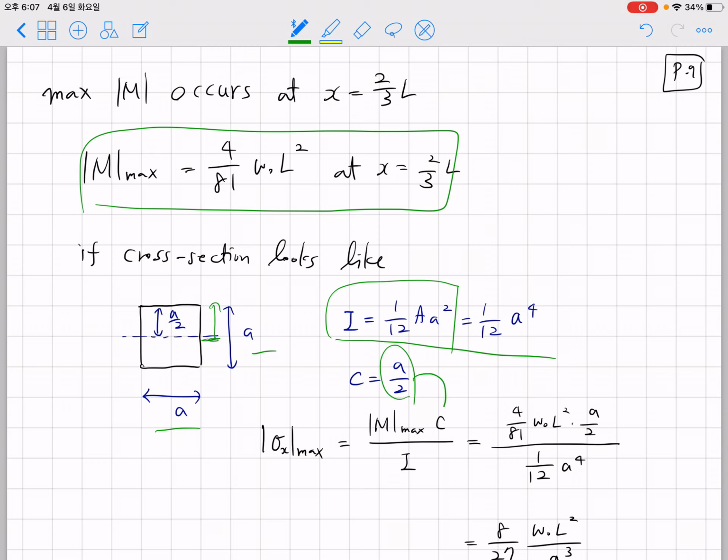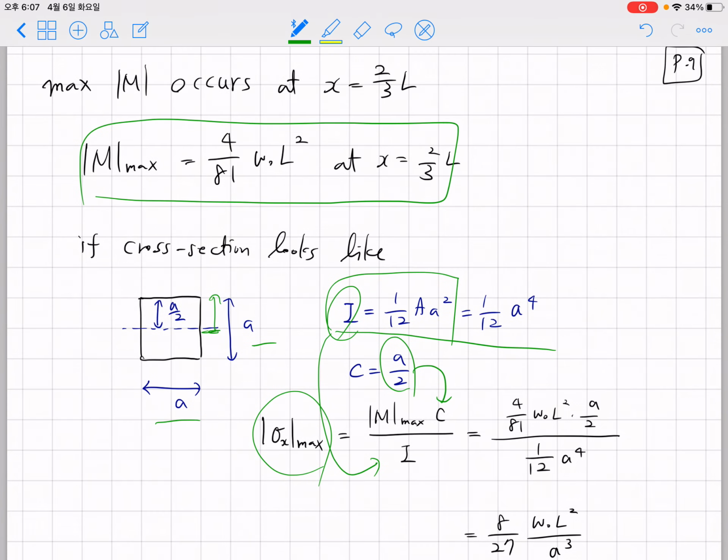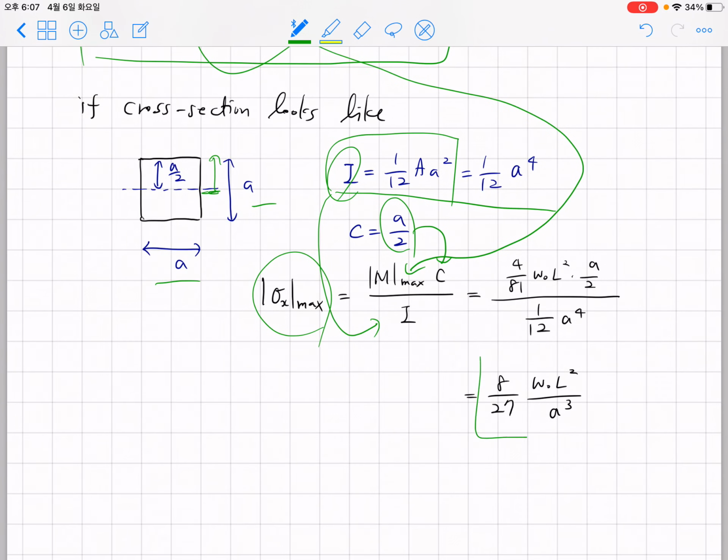If you plug in this information, a over 2 for c and I equals 1/12 a to the fourth power, and also plug in the maximum M value, then after massaging the equation, you get the maximum sigma x equals 8/27 W0 L squared over a cubed.